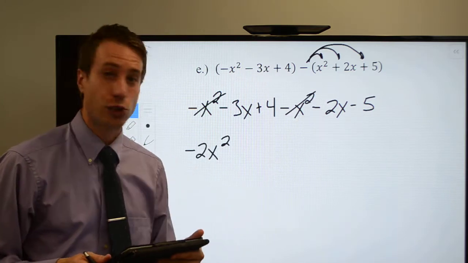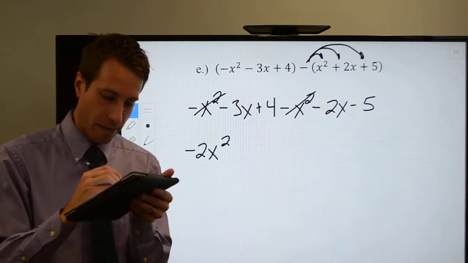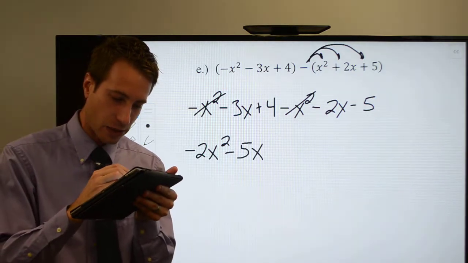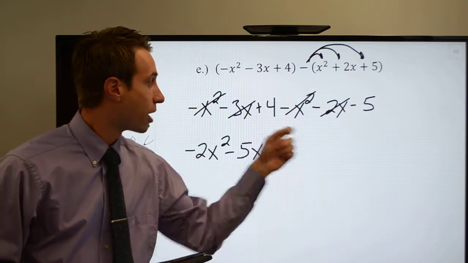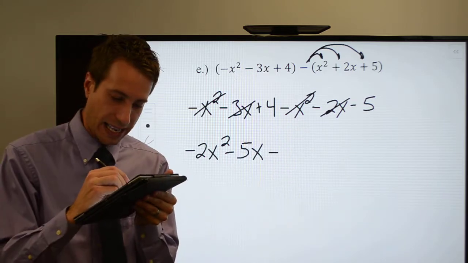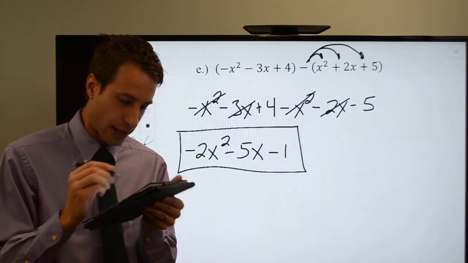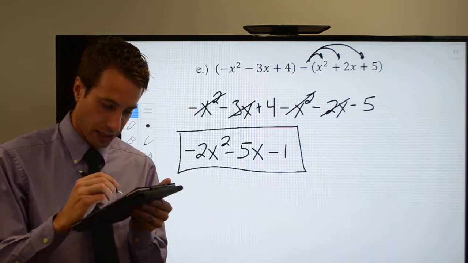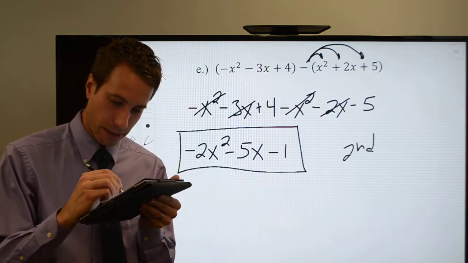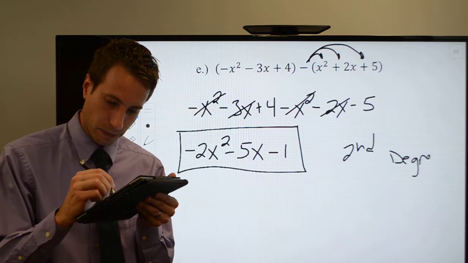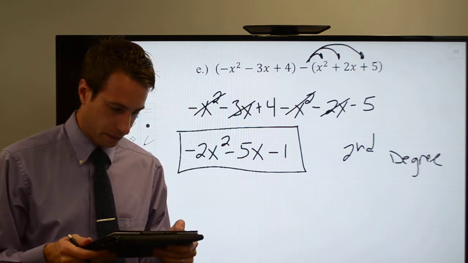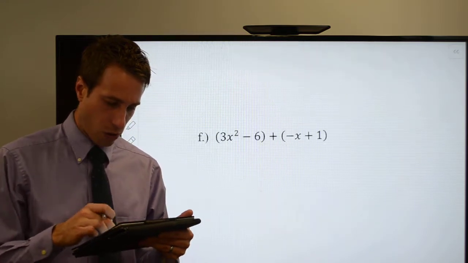Negative 3x minus 2x, and negative 3 plus a negative 2 would be a minus 5x, so those are taken care of. Positive 4 and a negative 5, minus 1. I get another look at that. These quadratics are popping up all over the place. So this is a second degree polynomial.